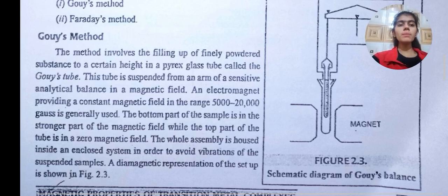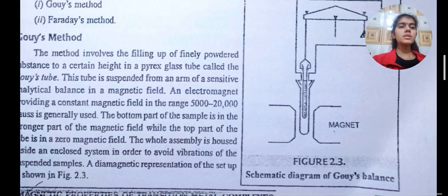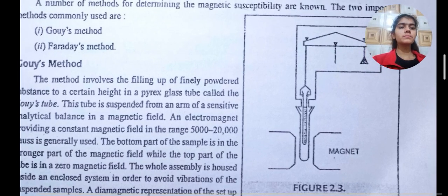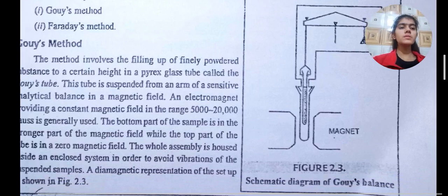The whole assembly is housed inside an enclosed system in order to avoid vibrations of the suspended sample. A diagrammatic representation of the setup is shown in figure 2.3. Here we can see figure 2.3, showing Gouy's method for determining the magnetic susceptibility.